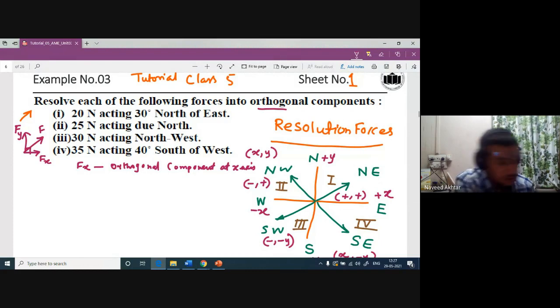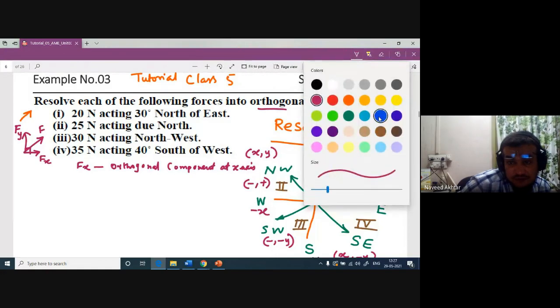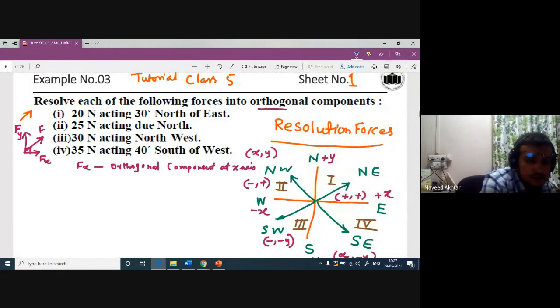Similarly, if you say Fy, if I write here, Fy is the orthogonal component, the vertical component of the orthogonal component on the y-axis.